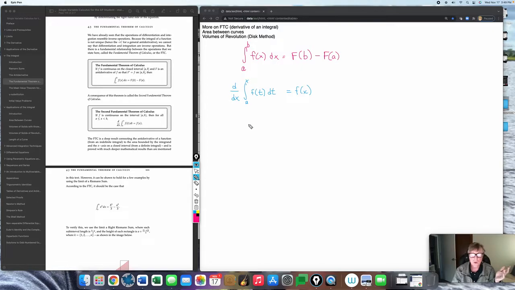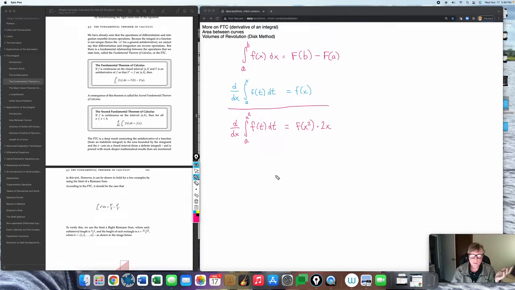Okay, so let's say we wanted to differentiate a function and the limits of the integral were a and x squared. Well, what we would do is evaluate our function at x squared, but we'd have to honor the chain rule.